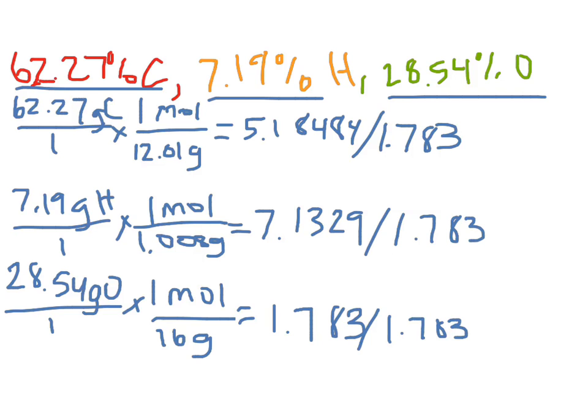This is to find the empirical formula. We have to find the empirical formula first, and then we find the molecular formula later. So we're going to get the numbers for each subscript of these. 0.14 divided by 0.783.